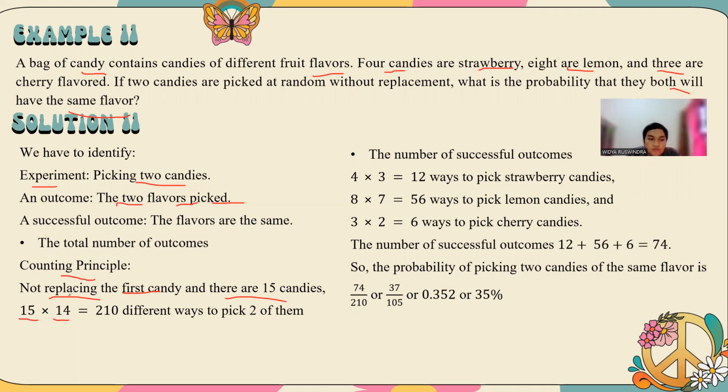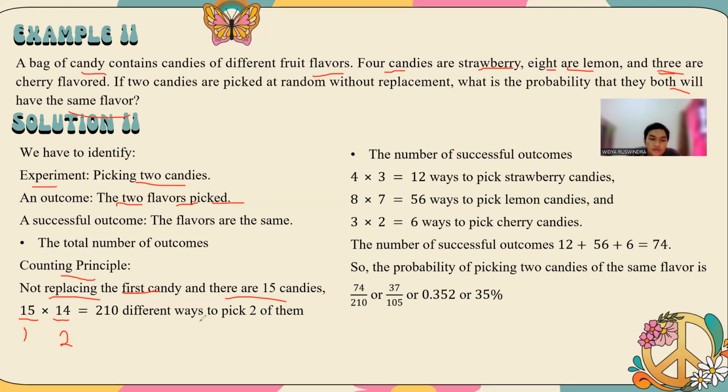For the first pick, we have 15 possibilities because 4 plus 8 plus 3 is equal to 15. For the second we have 14 possibilities because the first is already picked. So 15 times 14 is equal to 210 different ways to pick.